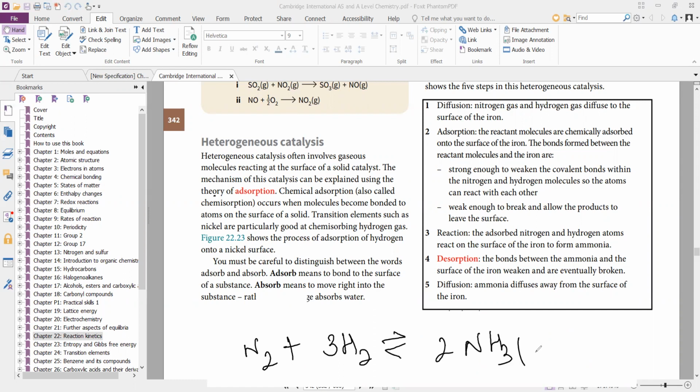This is the reaction. Fe is the catalyst.